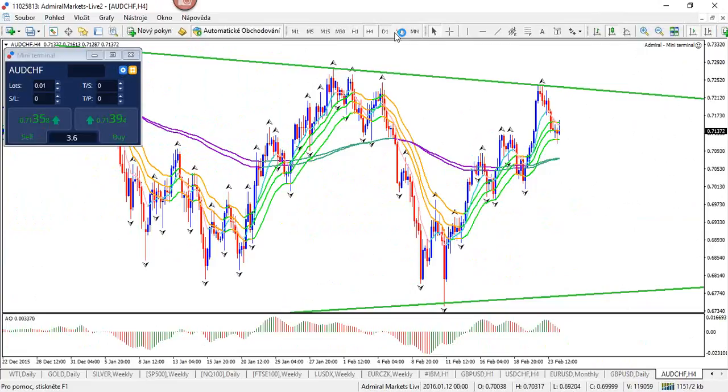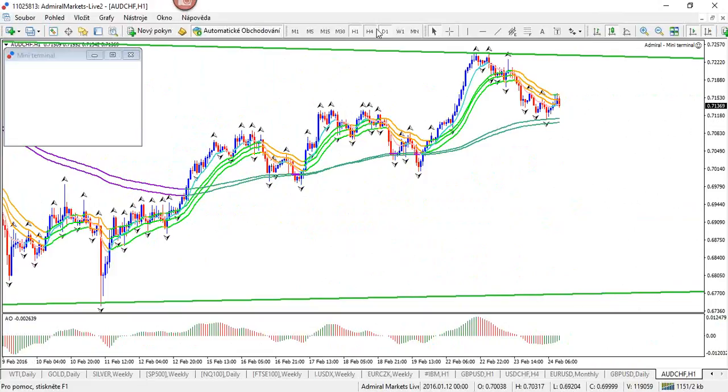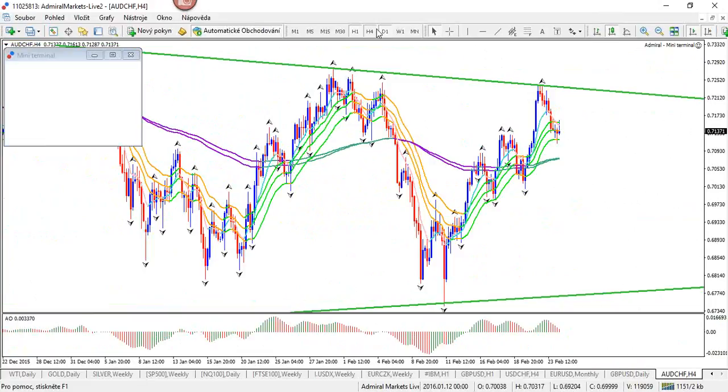Let's see. It could be a bounce moment, sorry. I don't know. I'm not a big fan of it at the moment. It seems to be too mixed up.